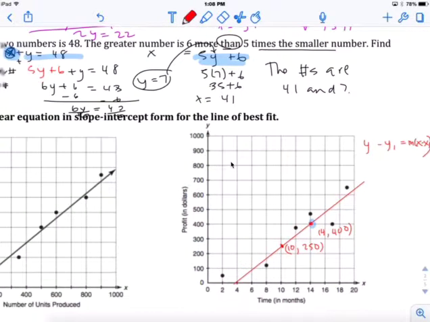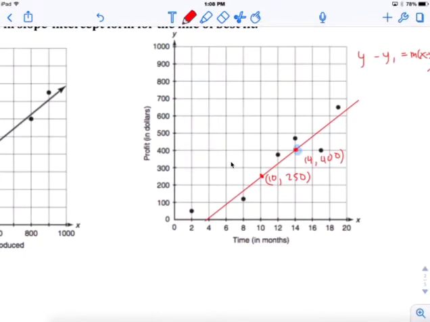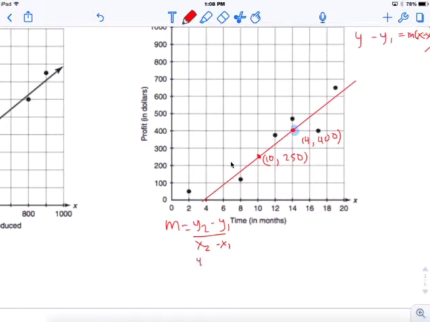Okay, well, that means I need to find the rate of change. Your slope is y2 minus y1 over x2 minus x1. y2 is 400 minus 250 over 4 minus 10.